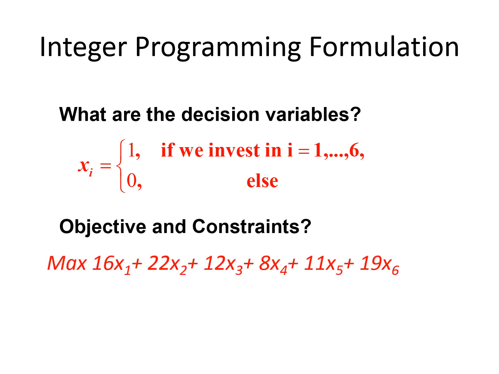It is to maximize the return, so we have 16x1 plus 22x2 and so on. These are the various returns on investment for the various projects. Very straightforward objective function, and now we come to the constraints.